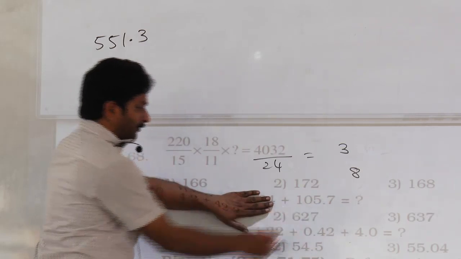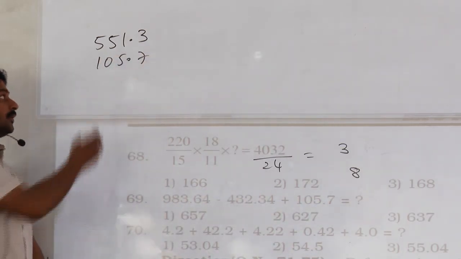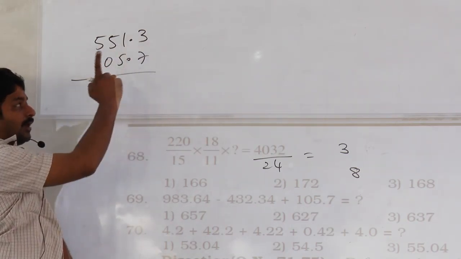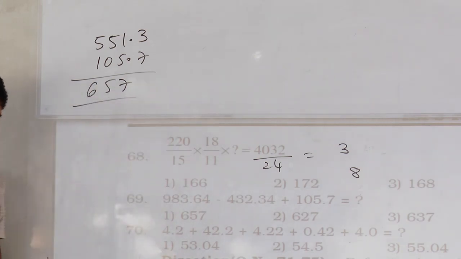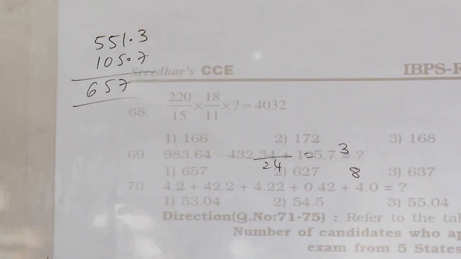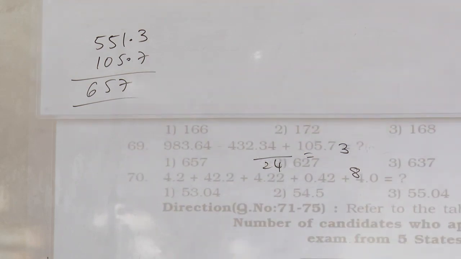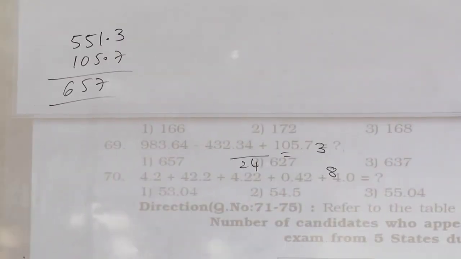And then you need to add 105.7. 0.3 plus 0.7, 1, 6, 5, 657. Straightforward addition, right? Nothing is there.